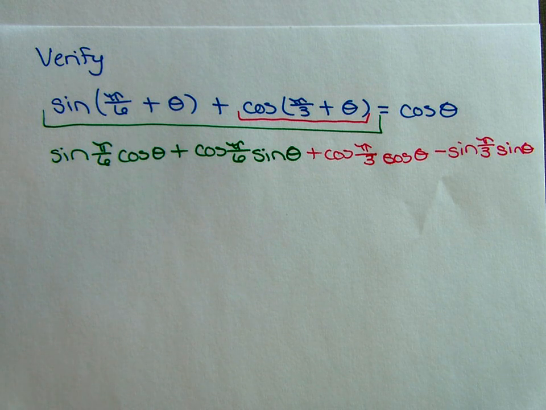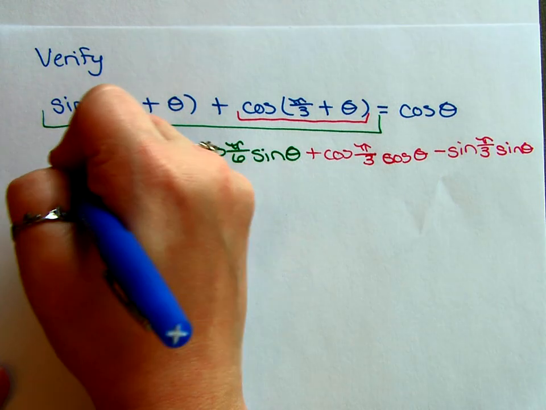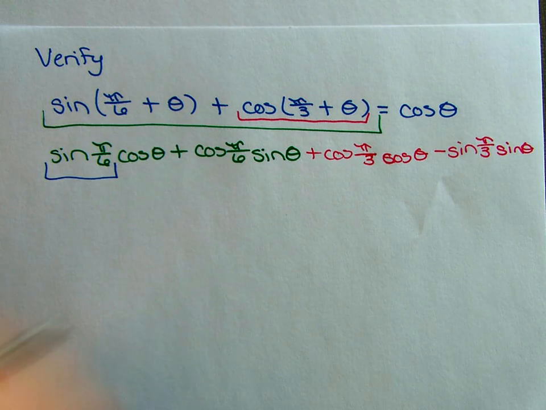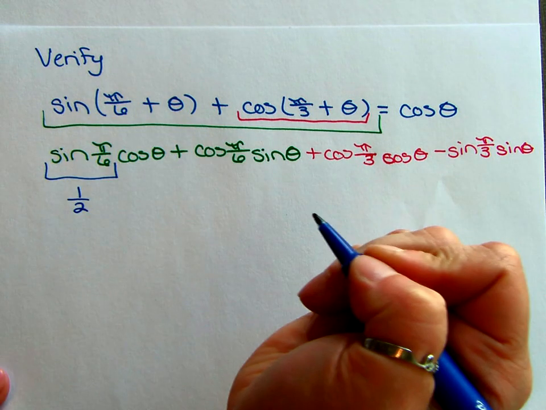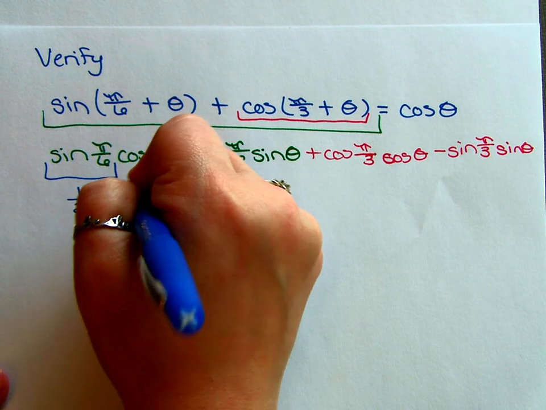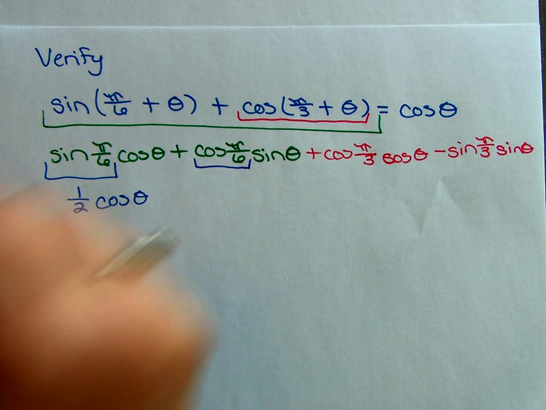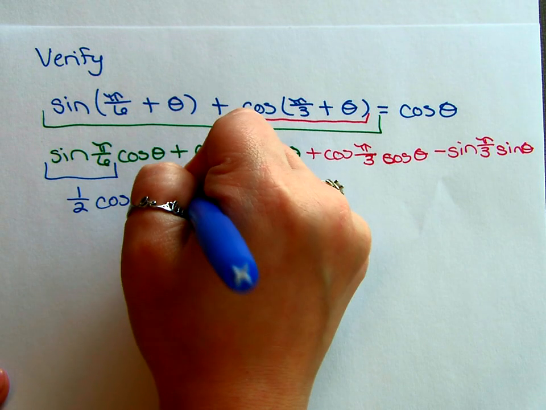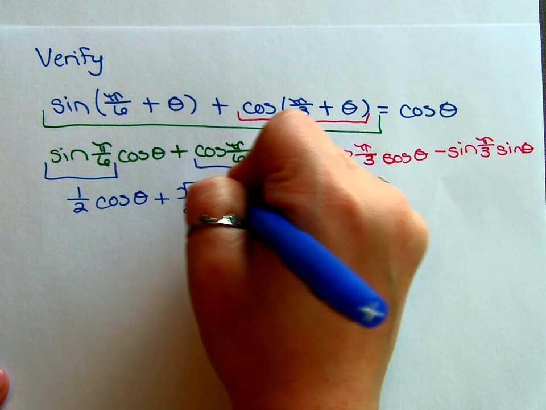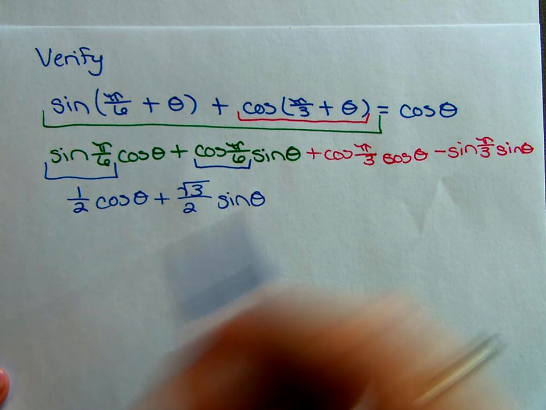Okay. Now, obviously, I can't do anything with the theta parts, but sine of pi over 6, that's 1/2. Cosine theta. Cosine of pi over 6, that's radical 3 over 2. And then I still have the sine theta. Cosine pi over 3, that's 1/2.